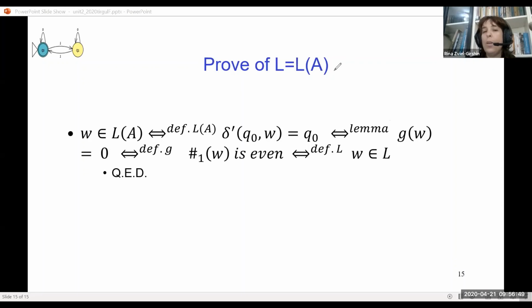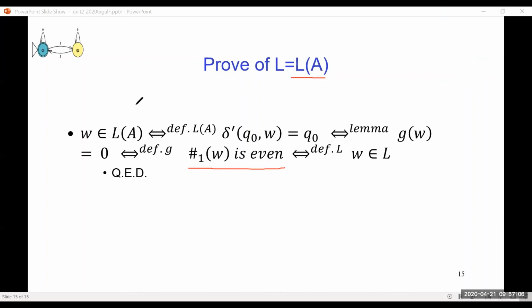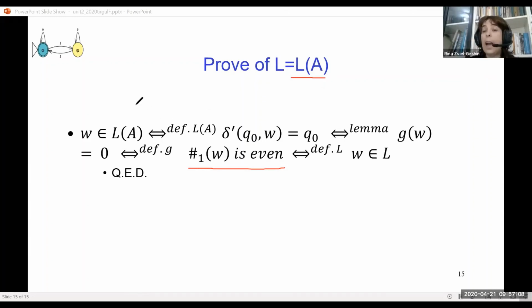Now I have to prove that the language that I was given, which is this one, and the automaton L(A) that I built are the same. Oh, okay. Thank you.